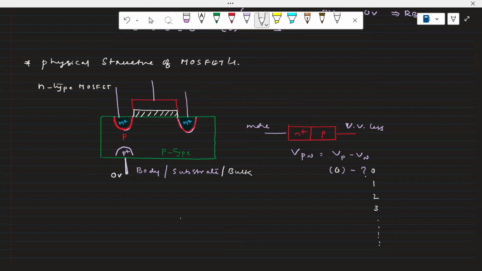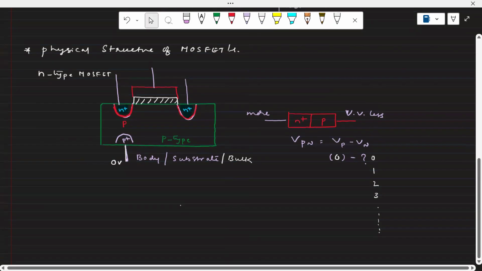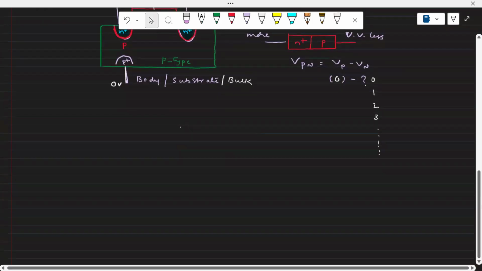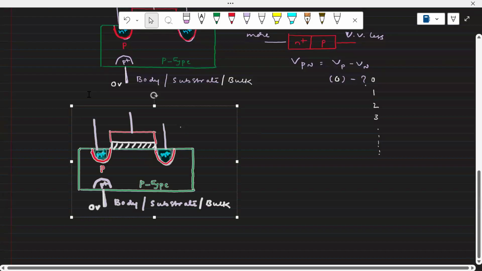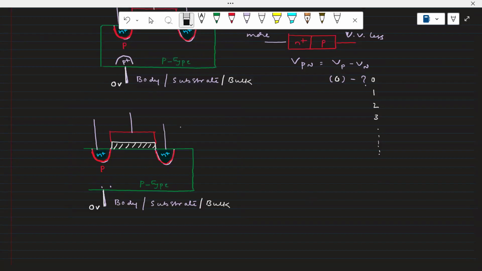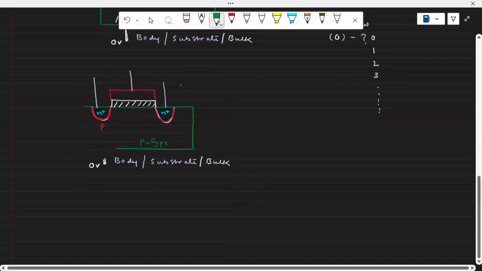Okay, let us understand more detail. Don't worry. So this is the simple structure of an nMOS transistor. Let me redraw this one again. Copy and then paste here. Okay, better I can consider it in this way.